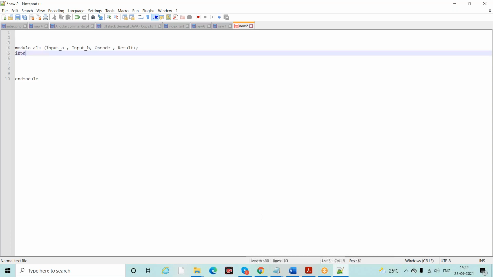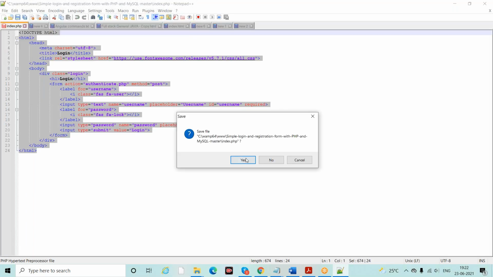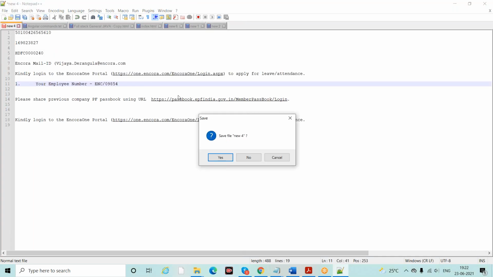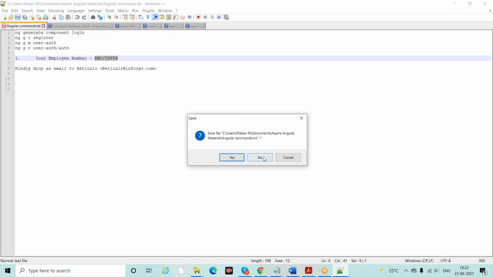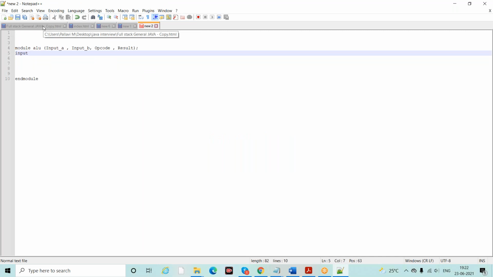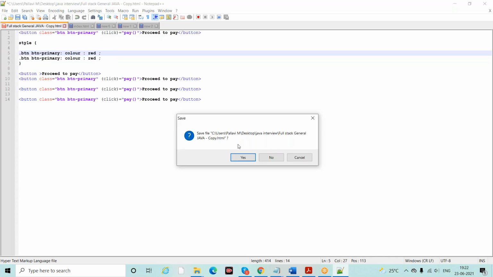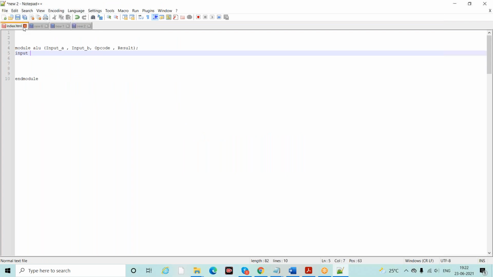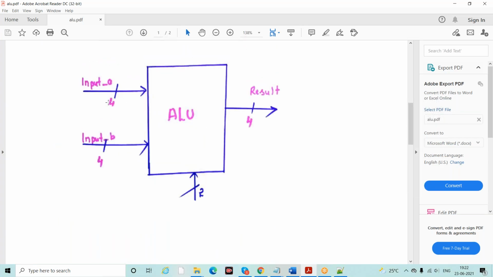Now we want to declare inputs. Input. See here, how many bits are there? 4 bit.